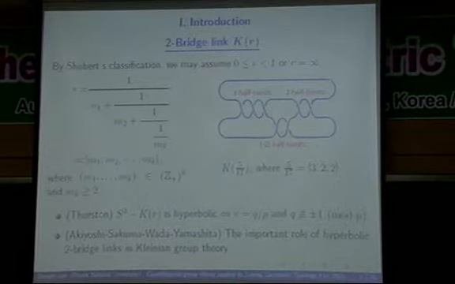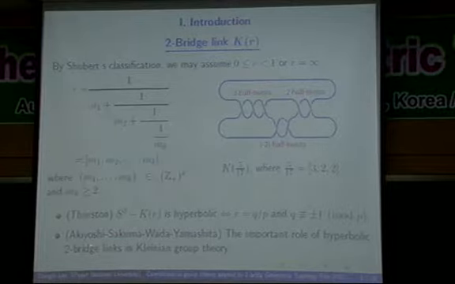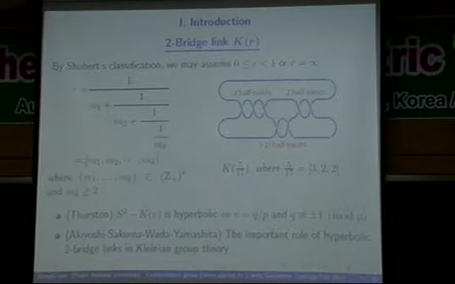Thurston actually proved that this two-bridge link complement is hyperbolic if and only if this rational number satisfies this condition: the numerator is not congruent to plus or minus 1 modulo the denominator. Also Akiyoshi, Sakuma, Wada, and Yamashita pointed out the importance of hyperbolic two-bridge links in Kleinian group theory in their book, which is about the geometry of two-bridge link complements.